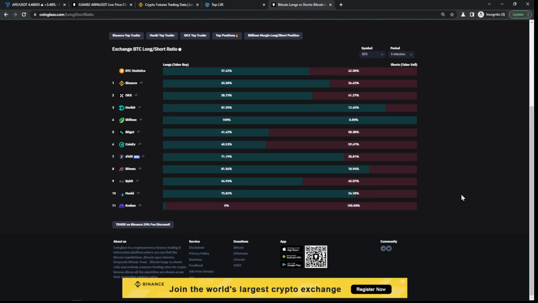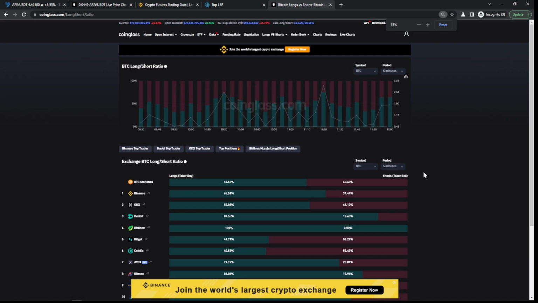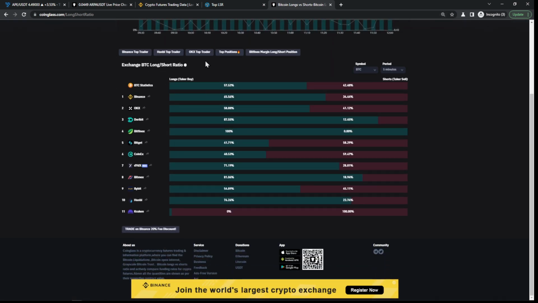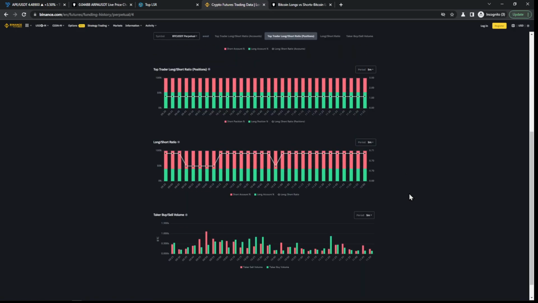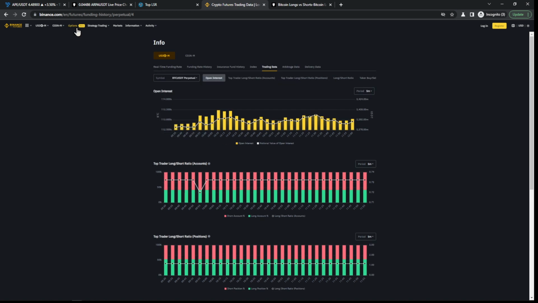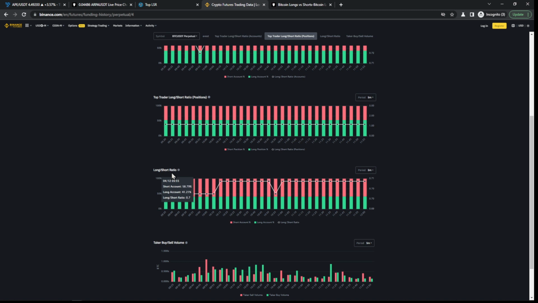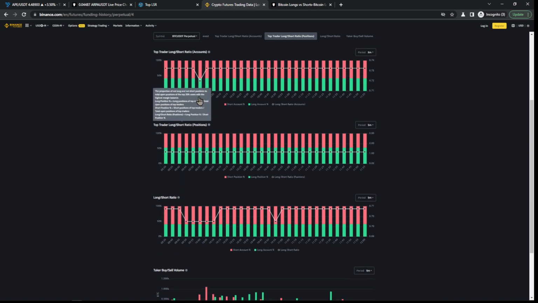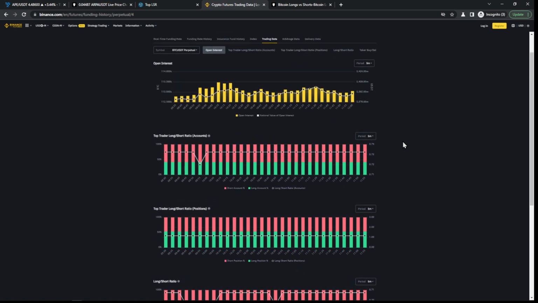Okay, so you can filter here about the long short. This is the ratio. Just to explain what the ratio on the Binance side is, what we're monitoring is the difference between positions and accounts, and this is really important.